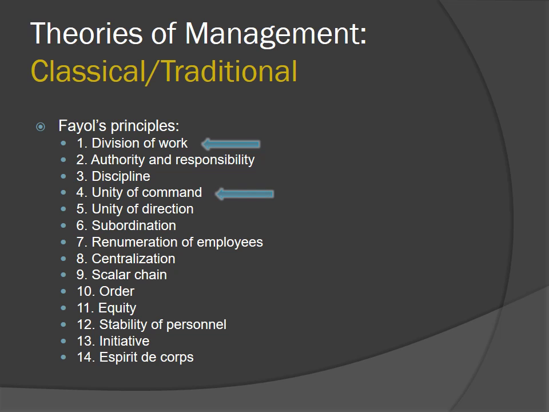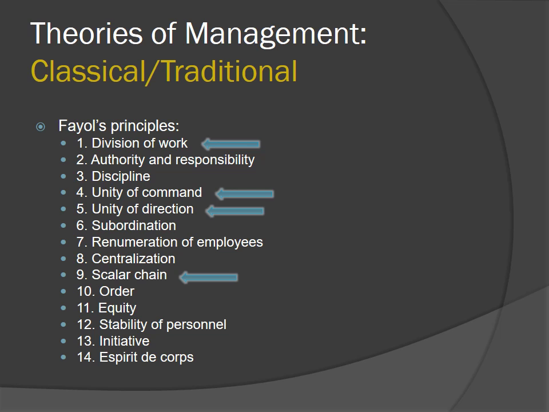The next is unity of command, and this says that employees should have only one direct supervisor. After that, we're going to look at unity of direction, and this is similar to unity of command, where teams with the same objective should be working under the direction of one manager using one plan. Looking at scalar chain, this applies to the hierarchy or the chain of command within an organization.